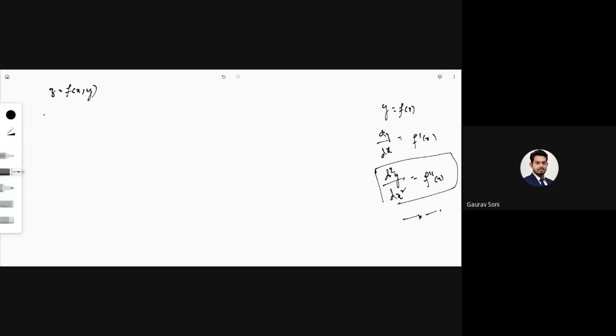I'll take the derivative with respect to x first. Say some answer I have got, whatever it is, I don't care about it. I just leave it as something dash. Now I want to go for higher order derivative. How many possibilities are there?